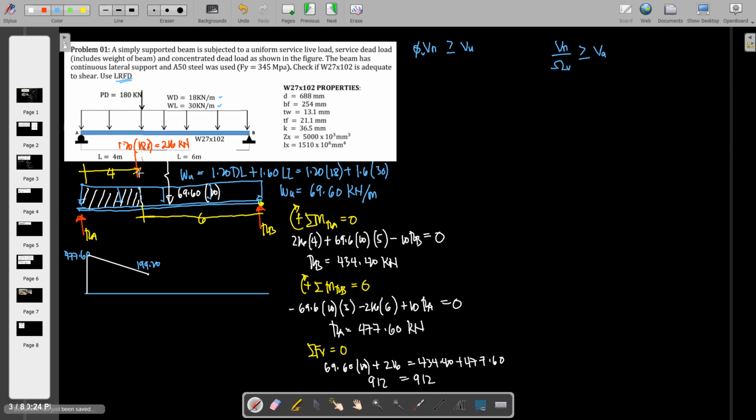And we stop in here because we have the concentrated load going down. 199.2 minus 216 is equal to negative 16.8. So we have here 16.8, and we connect this by a straight line.